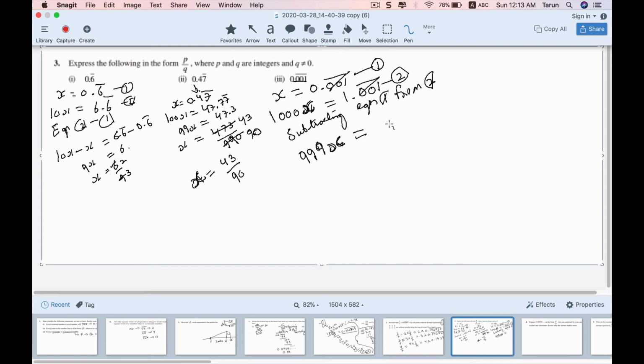I will be left with 1 only. So x is equal to 1 upon 999. You can verify the answer by using your calculator.